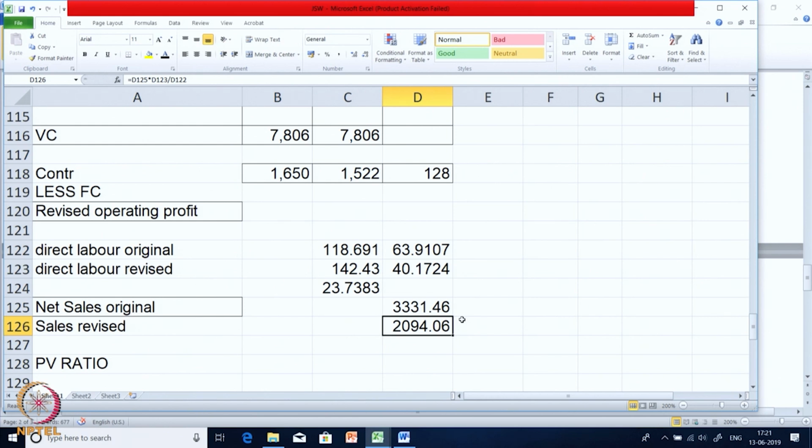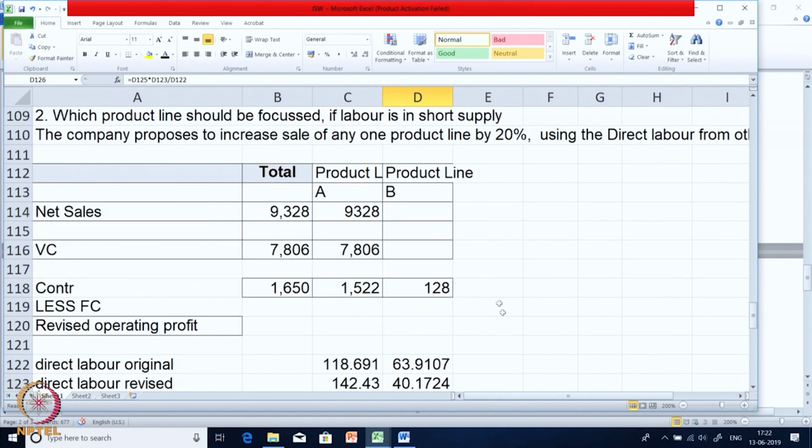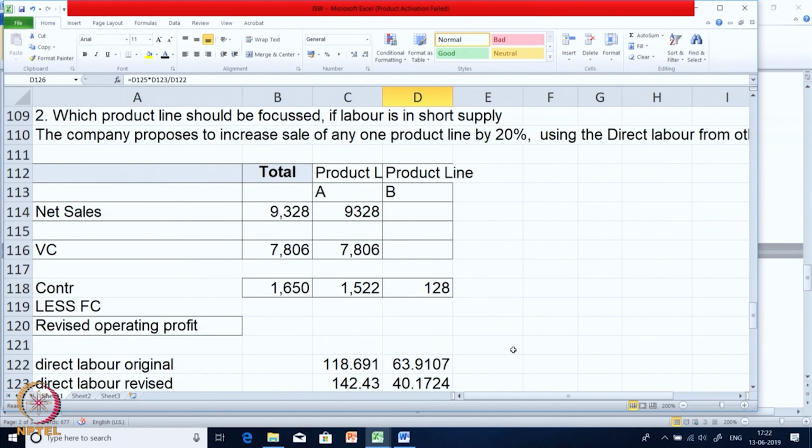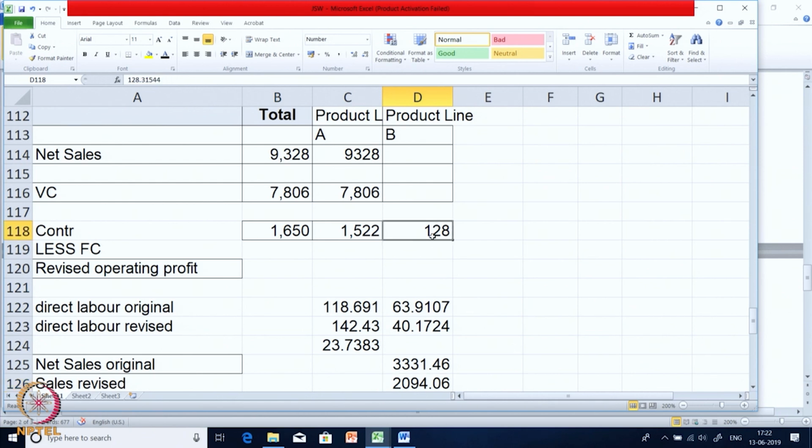Substantially means in the same proportion as we are cutting down the labor. Are you getting me? Quantum amount wise it won't be the same, but proportionately it is the same. Whatever the proportion of 40 to 63, by the same proportion their sales come down. That is why the revised sales of B will be 2094, and in the same proportion they would cut down their contribution.